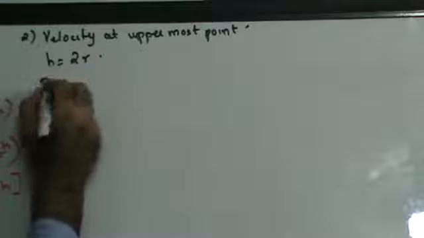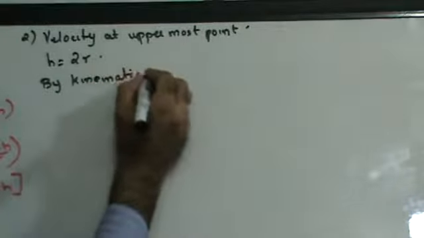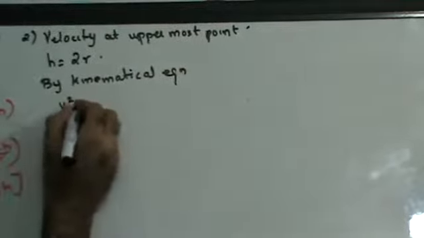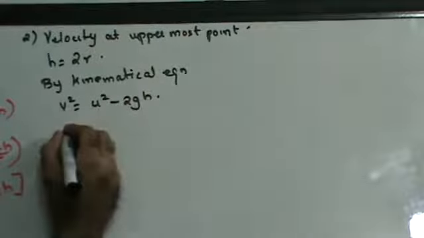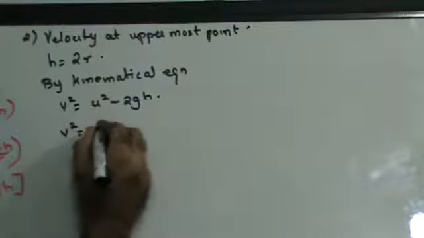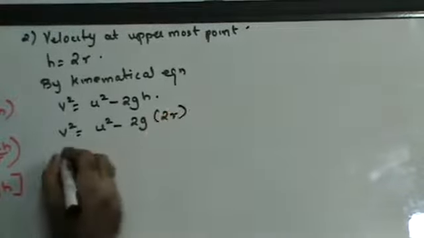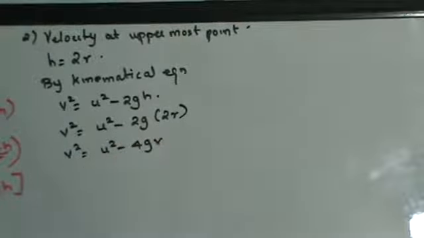Now, by kinematical equation, I can say v square is equal to u square minus 2gh. H can be written as 2r, so v square is equal to u square minus 2g into 2r. So v square is equal to u square minus 4gr.